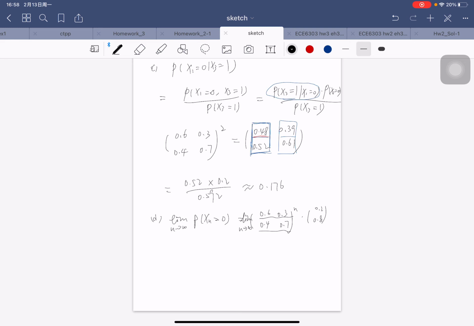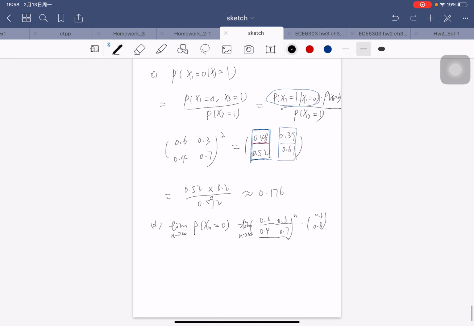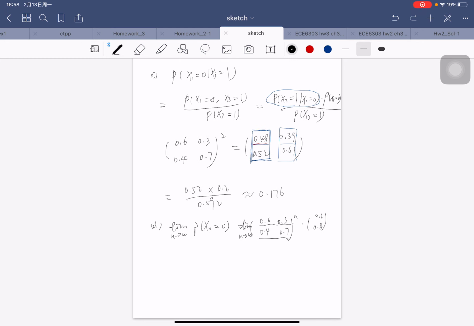We can solve it by calculating the limit of the matrix, or in another way, we know that if the state probability has a limit, assume that it is p and 1 minus p.